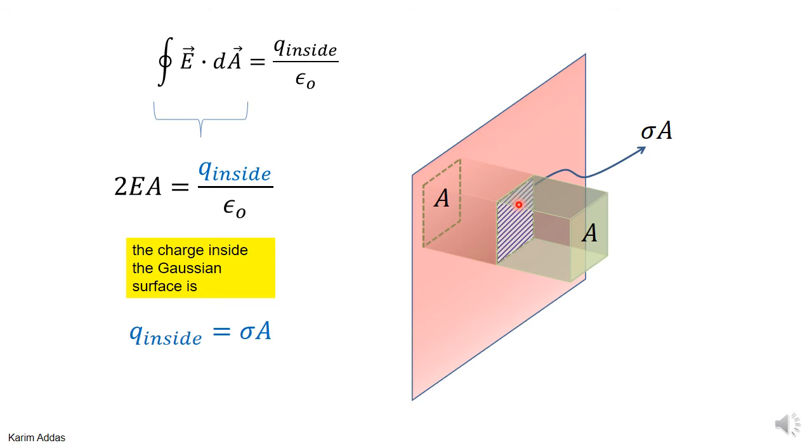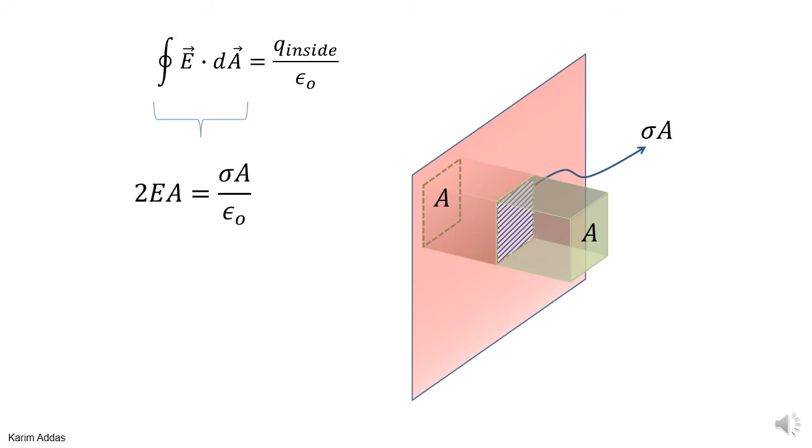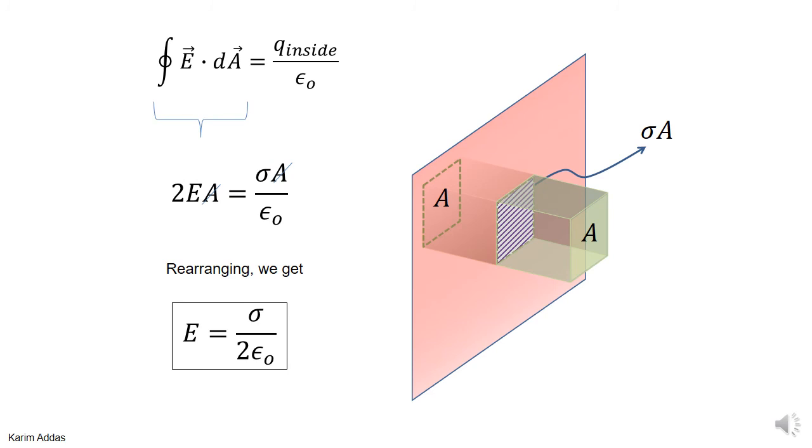You multiply by the area, you get the total charge on this square part. We can substitute sigma times A for the charge inside, and the area is going to cancel with the area, and you get the final equation, which is that the electric field equals sigma over 2 epsilon naught.